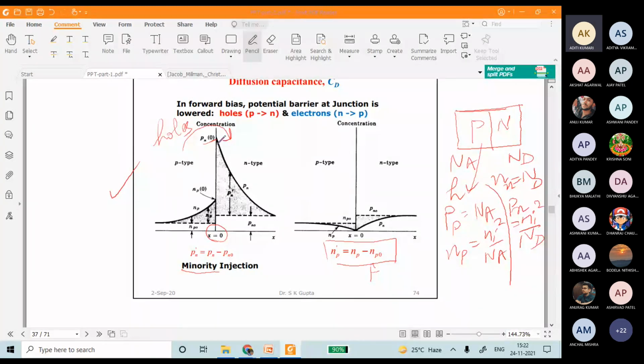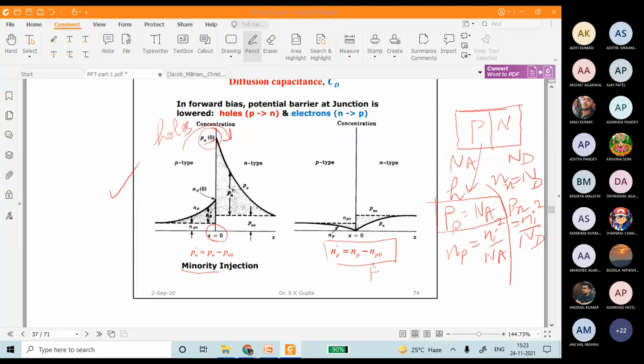So the minority charge has been injected, and at x equal to 0, its concentration is Pn0. This Pn0 value may be seen to be equal to the hole concentration in the P type, that is P sub P is equal to Na. These are the carriers which are being injected in the N side.